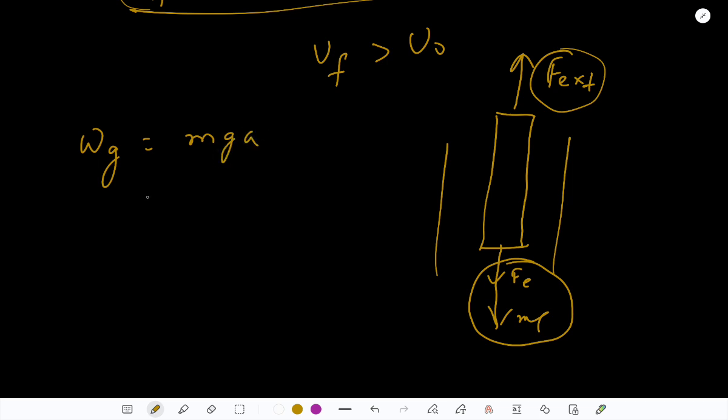and since its density is given, mass can be written as rho, thickness is d by 3, and area is a square.